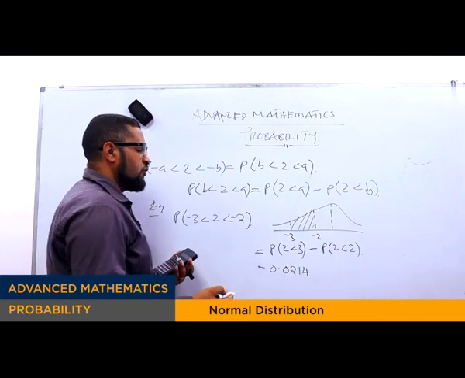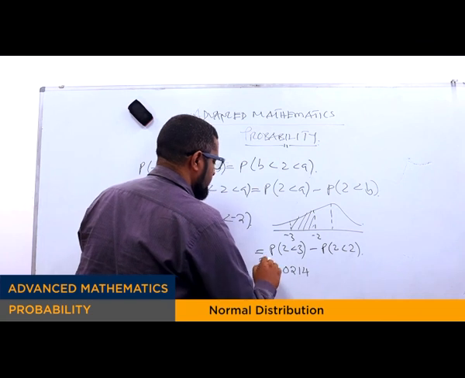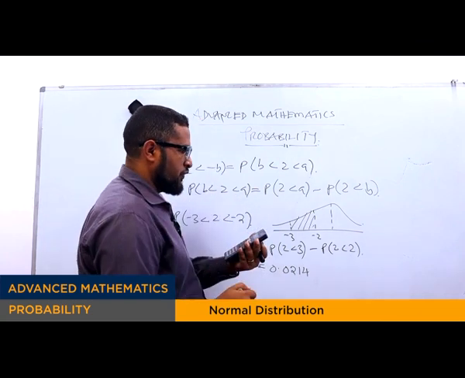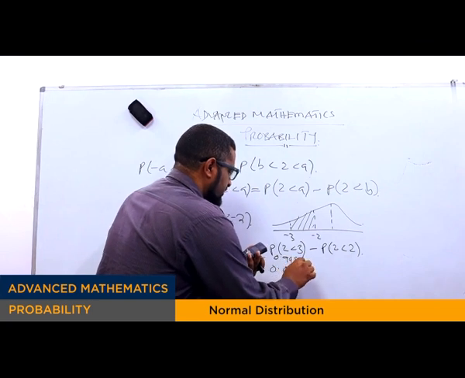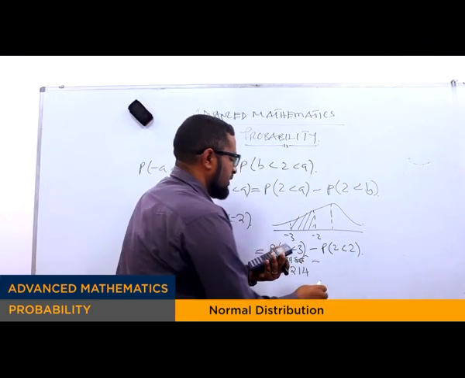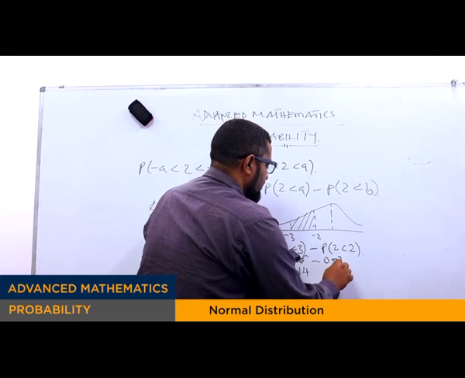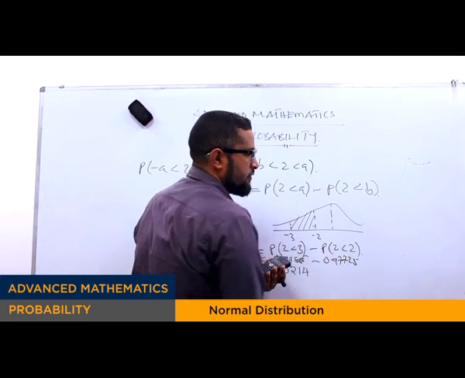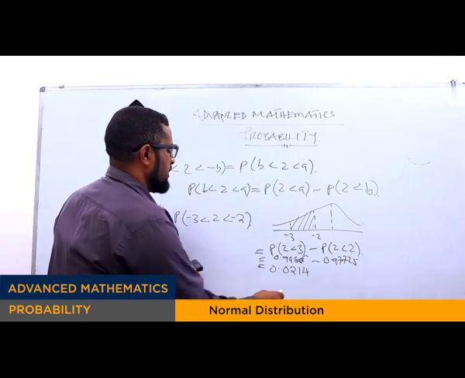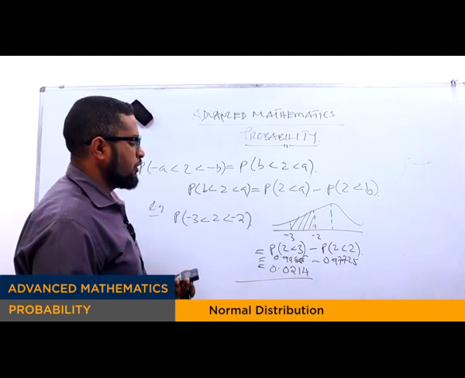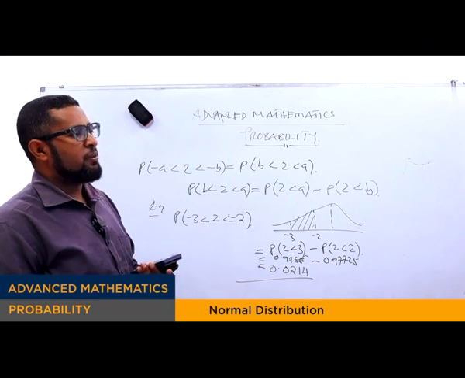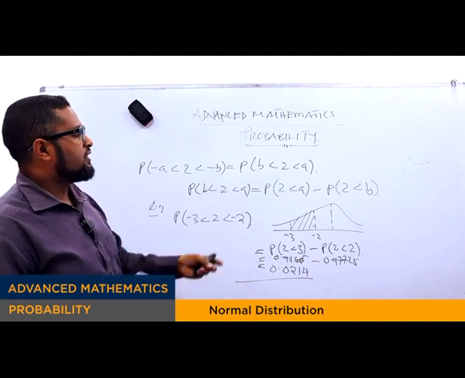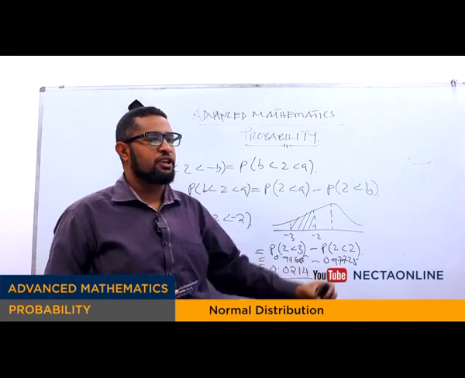But if you decide to read one after another, this one will give you 0.99865 and the other one will give you 0.97725. So when you simplify to the last point, you will get 0.0214. So my dear student, this part is very important.